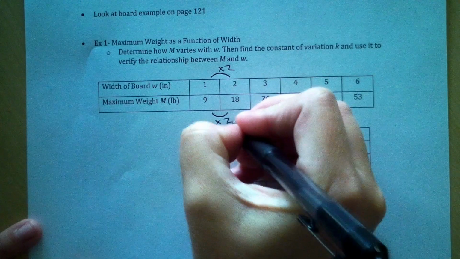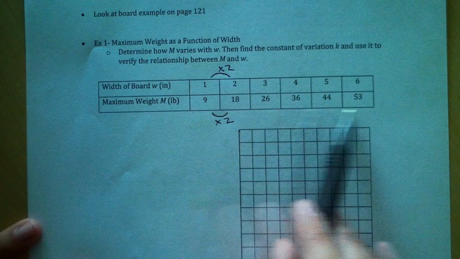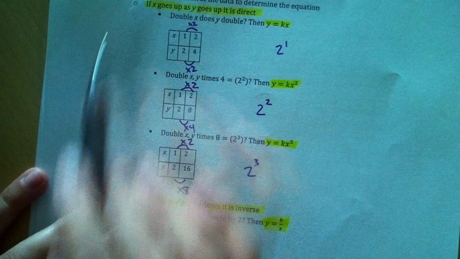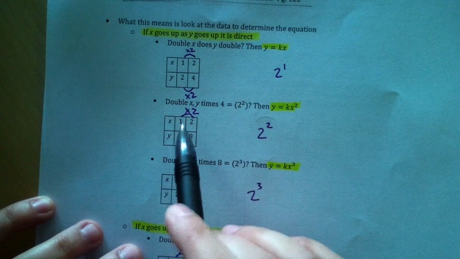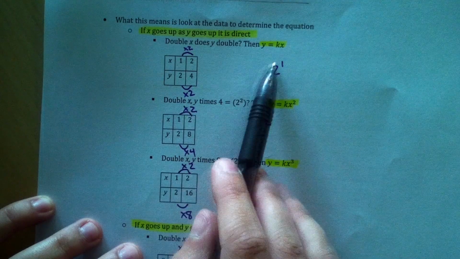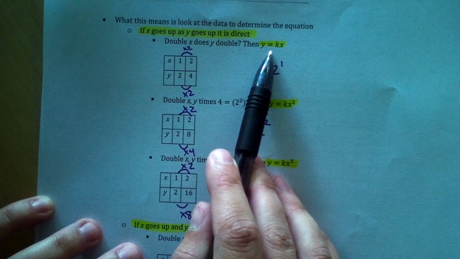It's also increasing, right? So what I'd be thinking when I go back here is this stuff up here: as my x goes up, my y went up, so that would go with these top three, and then it was just straight up doubling and doubling, right? So shouldn't our equation that fits with that probably be y equal to kx? Yeah, yep. So that's what we're going to be doing, and we still do the graphing and the scatter plot stuff just to make sure that it does that, but that's the general concept.